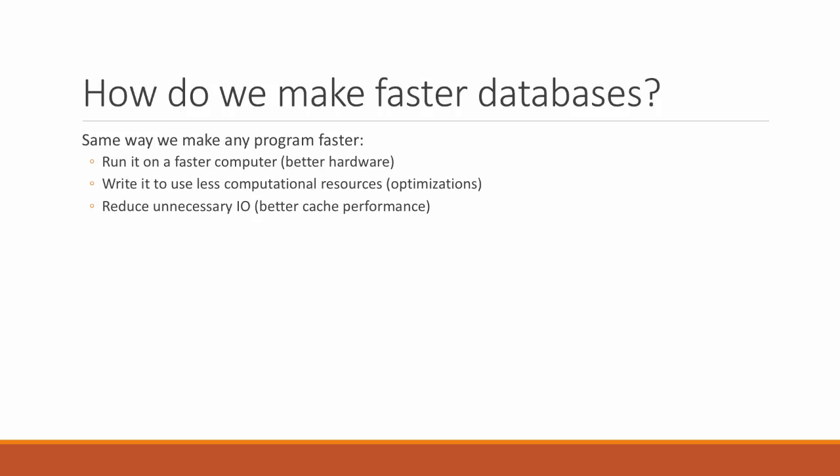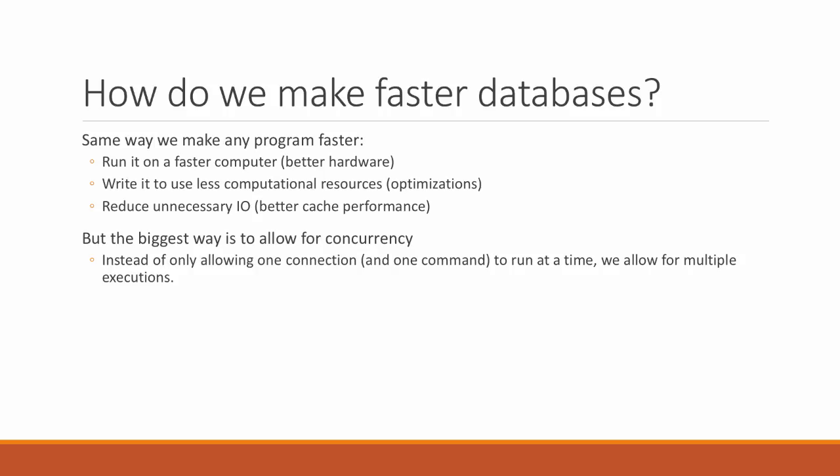However, the largest way to get gains in both handling more requests and handling those requests faster is to allow for concurrency. Instead of only allowing one person to be talking to the database and getting responses from it, you allow many different people to communicate with the database at once.